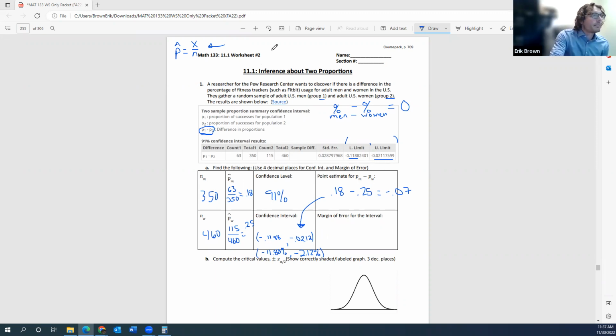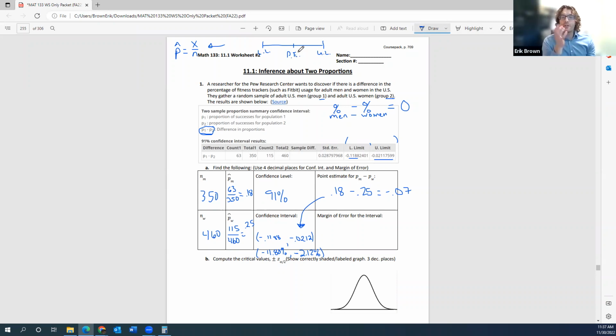Maybe I should have started with a quick review of confidence intervals, just generally speaking, right? The way they're set up is you have a lower limit and an upper limit, and in the middle is the point estimate, which is the statistic.